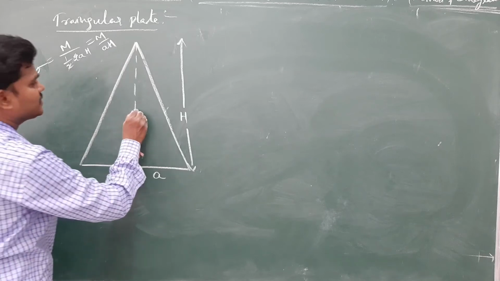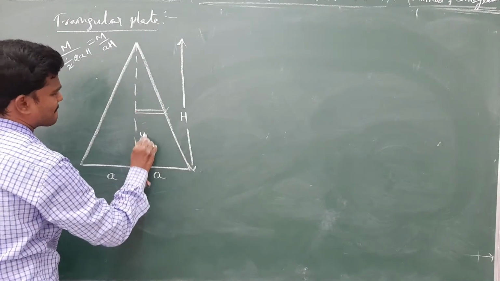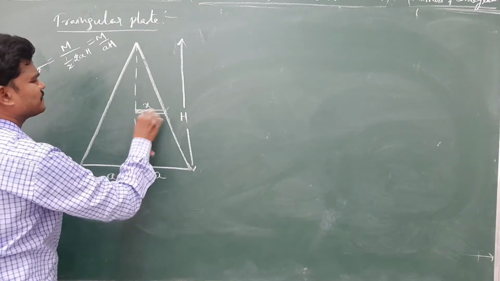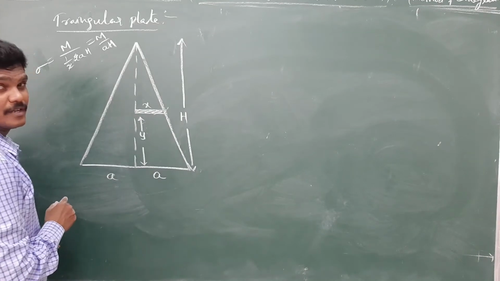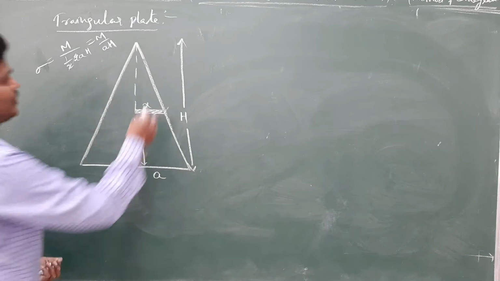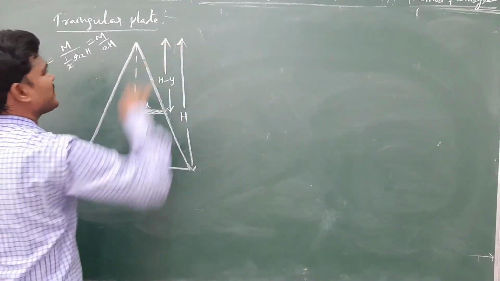And see, at a distance of something y, take a small part, that is x. Here this part is again h minus y.